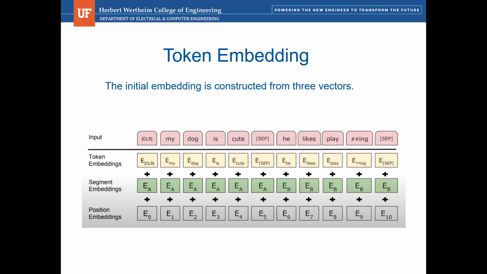The segment embeddings are basically the sentence number encoded into a vector, and the position embeddings are the position of a word within that sentence encoded into a vector. Adding these three vectors together, we get an embedding vector that we use as input to BERT.